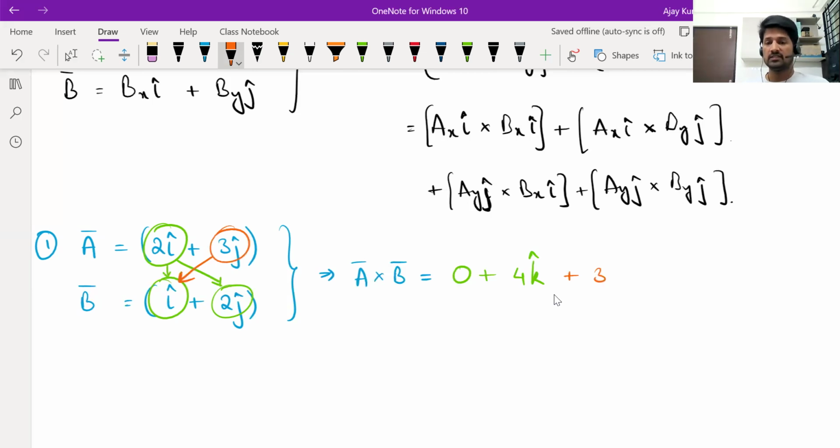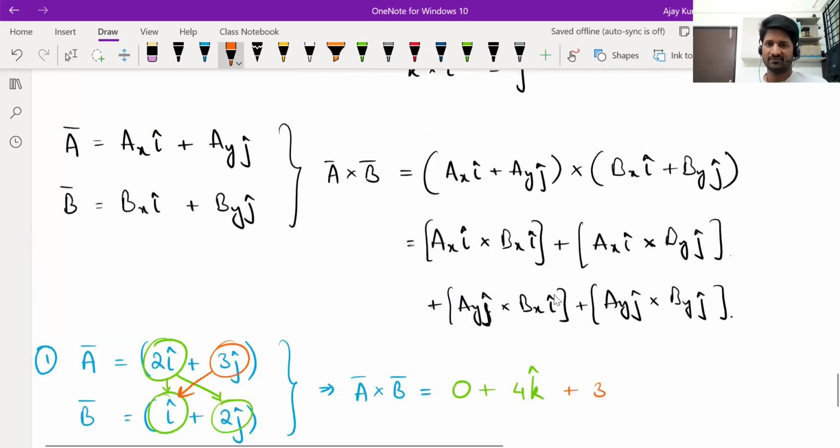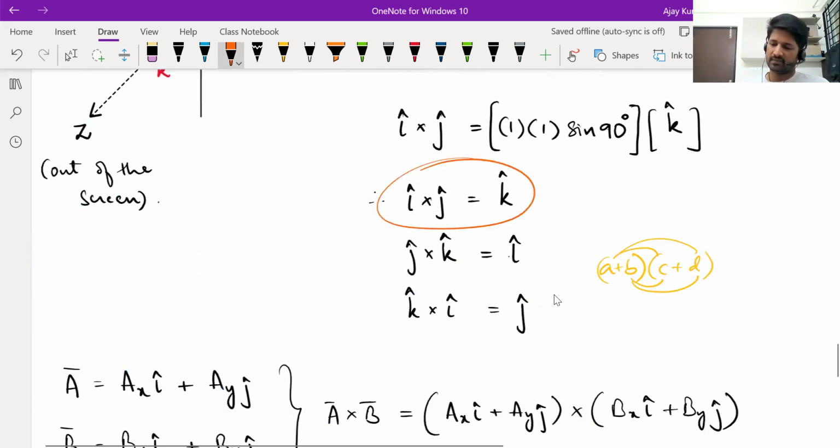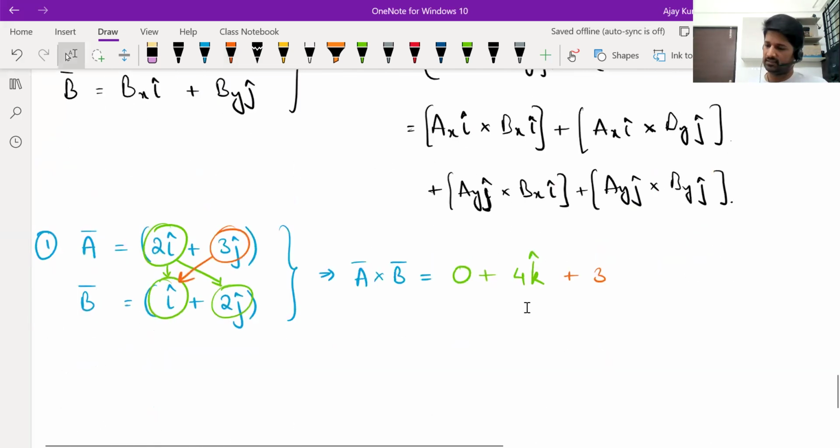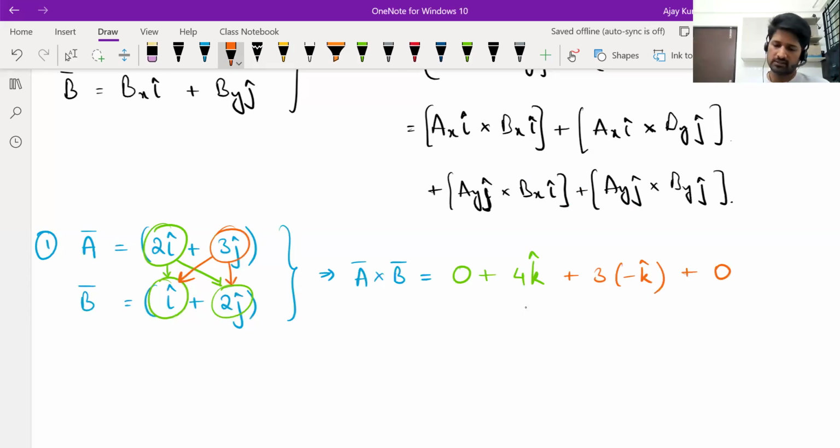How much is J cross I? Minus K. I cross J is K, then J cross I will be the negative of that, minus K. Minus K cap. And finally 3 J cap cross 2 J cap. They are in the same direction. Their cross product will be a null vector. So the answer is 1 K cap, or you can simply write it as K cap.